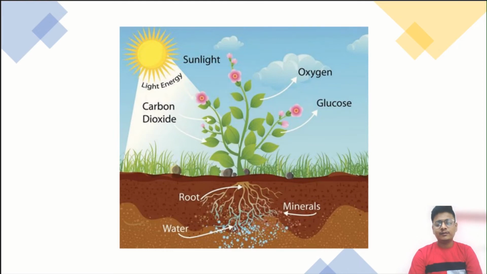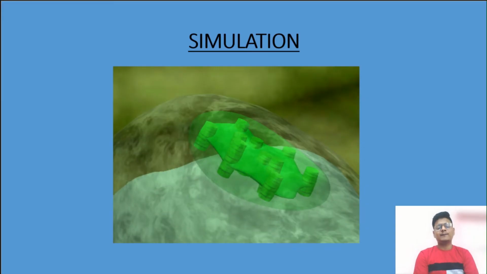Before that, let's go to the simulation. See this, are you able to see? This is a different thing over here. This is the thylakoid. This overall is known as chlorophyll, and it is green in color, that's why it is known as chlorophyll.